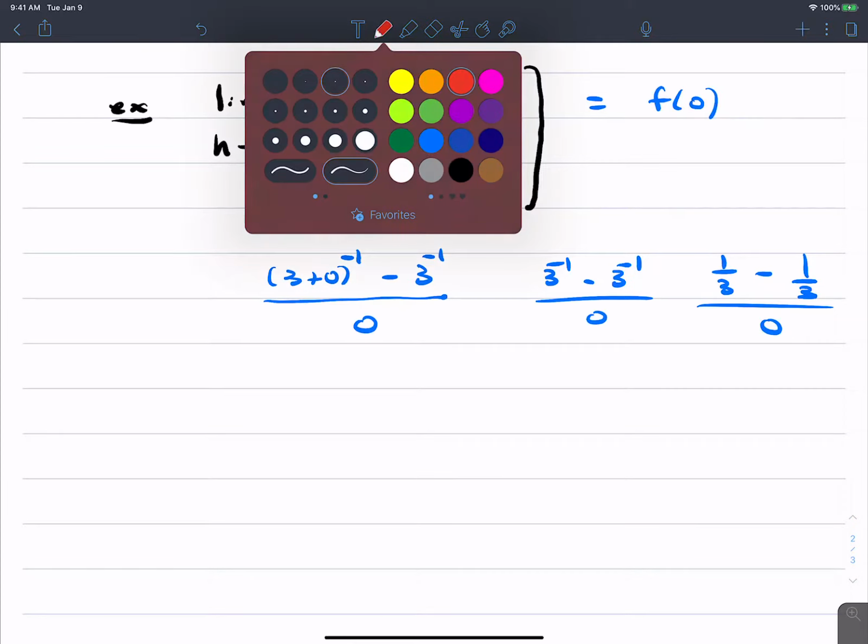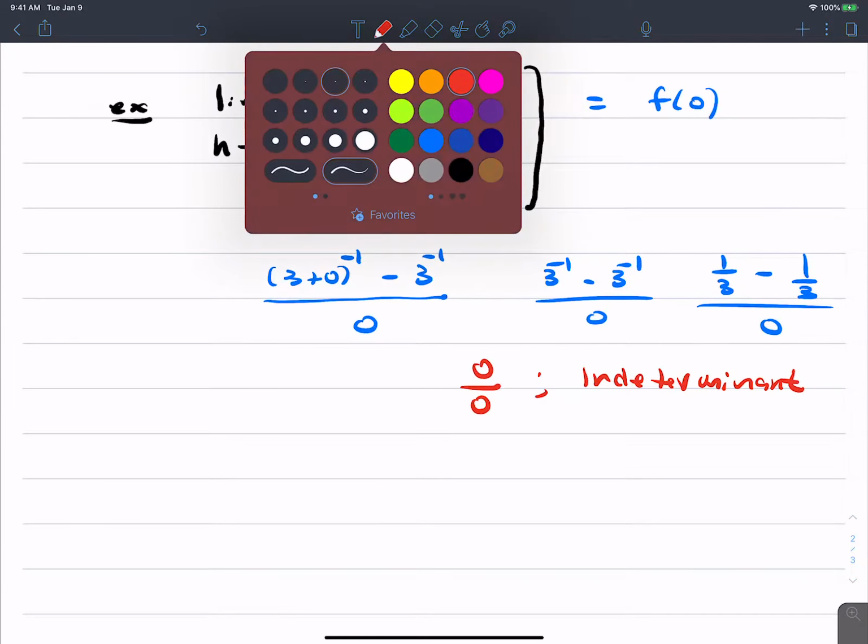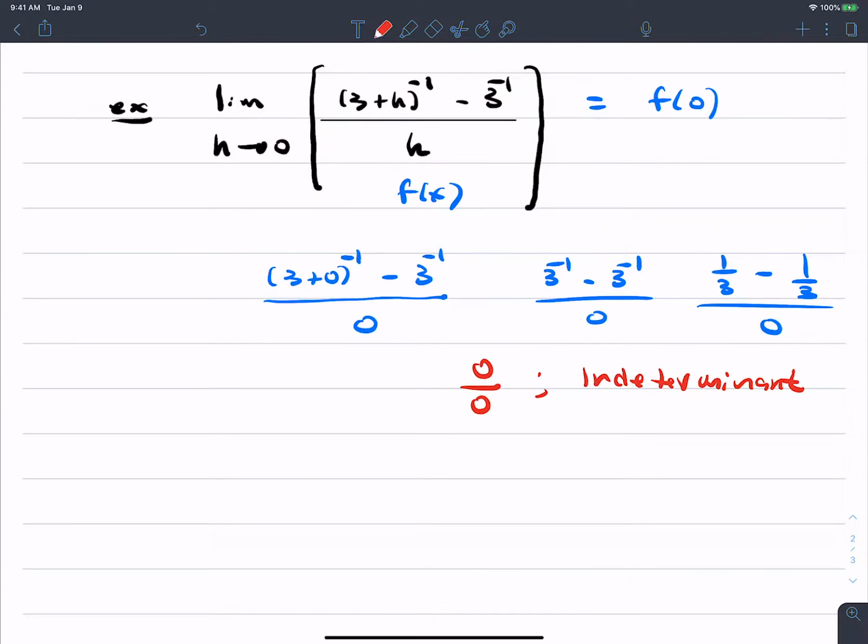And sure enough, ladies and gentlemen, we get 0 over 0, which is indeterminate. So it's an indeterminate form here. Then the question becomes, well, how do we handle this? Well, we say again, use algebra.